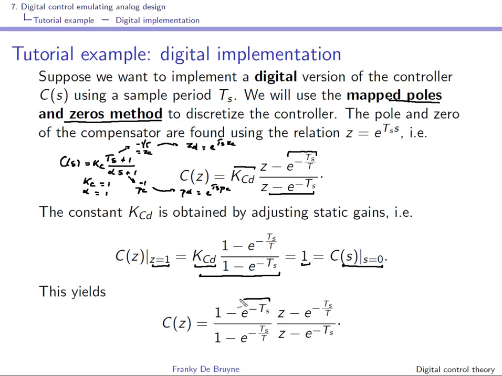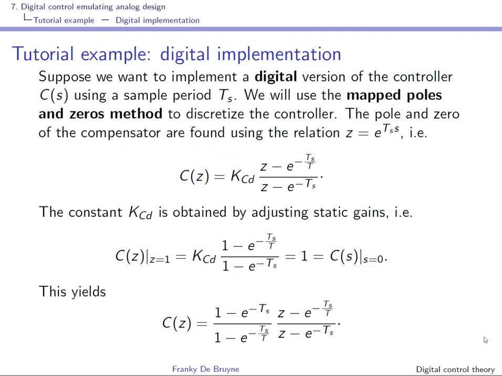So this is the gain in discrete time of my mapped poles and zeros digital version of my original controller. If we now replace Ts by 1 and T by 10, this is the controller that you obtain.